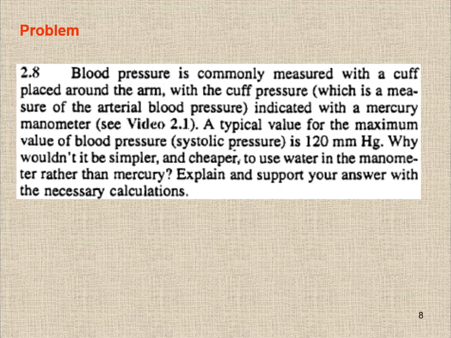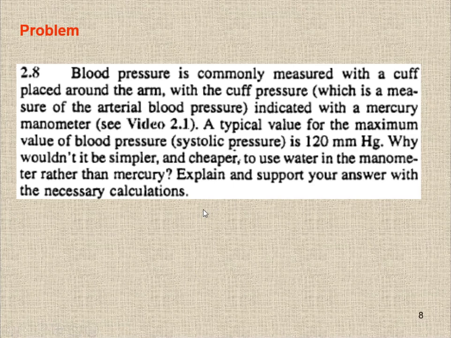So why wouldn't it be simpler and cheaper to use water in the manometer rather than mercury? We know mercury is an expensive material, so instead we could use a water based pressure measuring device. Don't you think it would be cheaper and easier? Explain and support your answer with the necessary calculation.